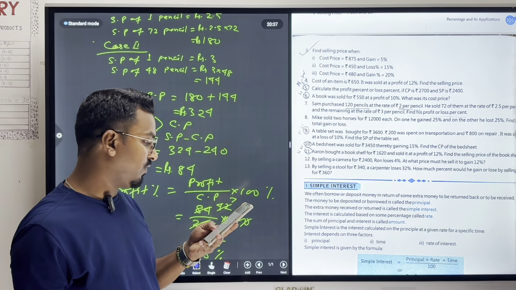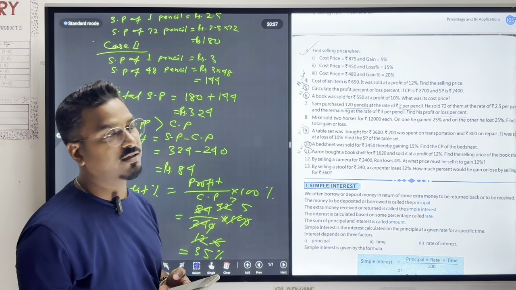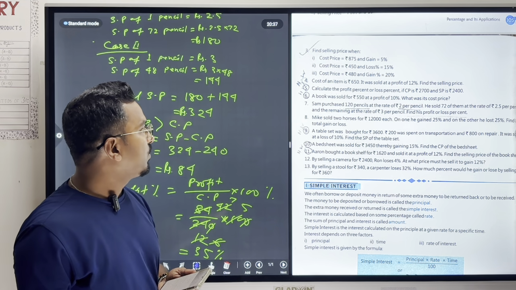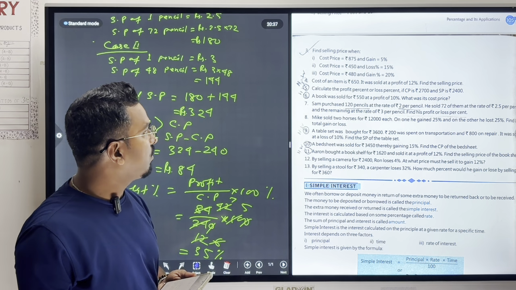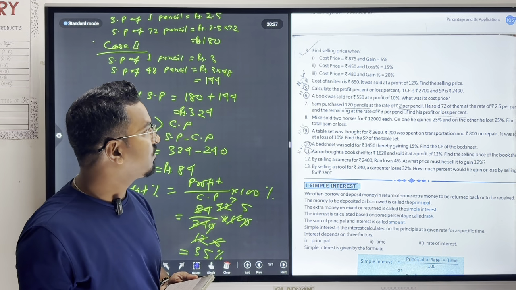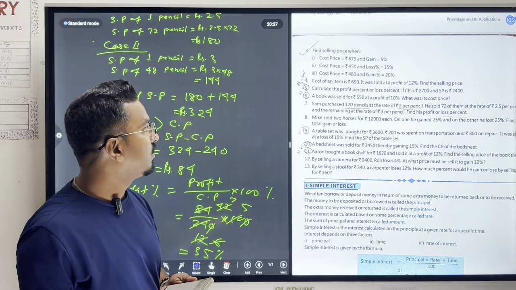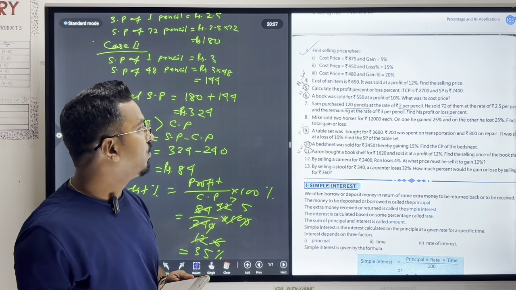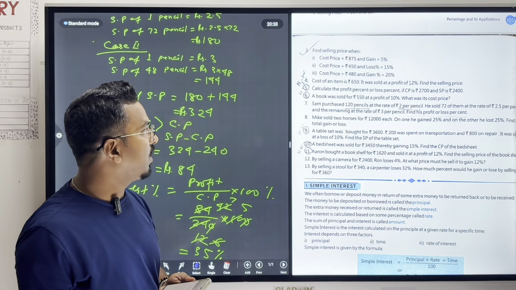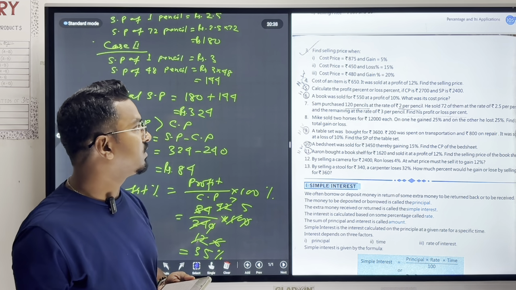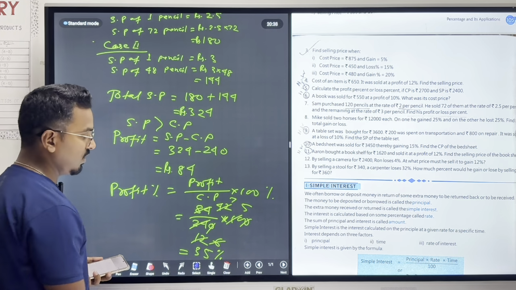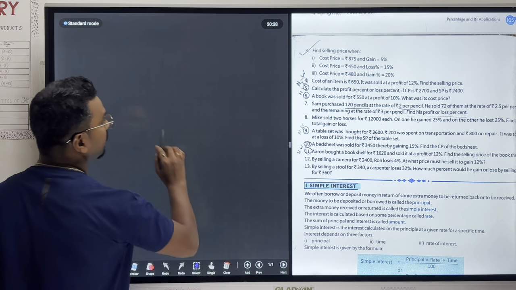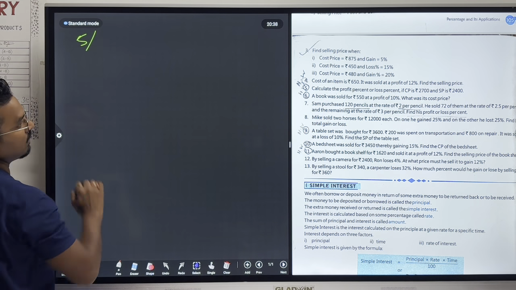Question number 7 is 35%. That's correct. Question 5: calculate the profit percent or loss percent if CP is 2700 and selling price is 2400. Okay, that is easy. Question 6: a book was sold for rupees 550 at a profit of 10%. What was its cost price? Okay, similar question. Let me do question number 5 again.